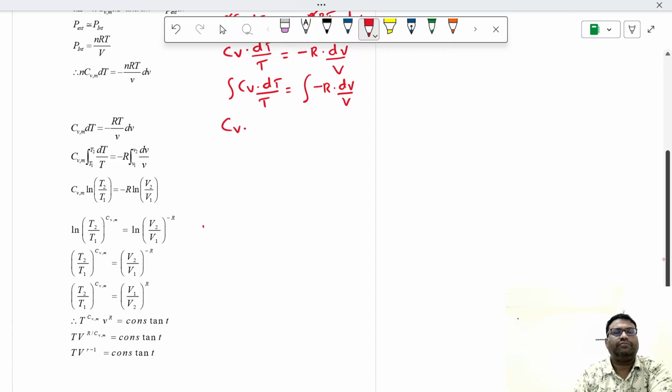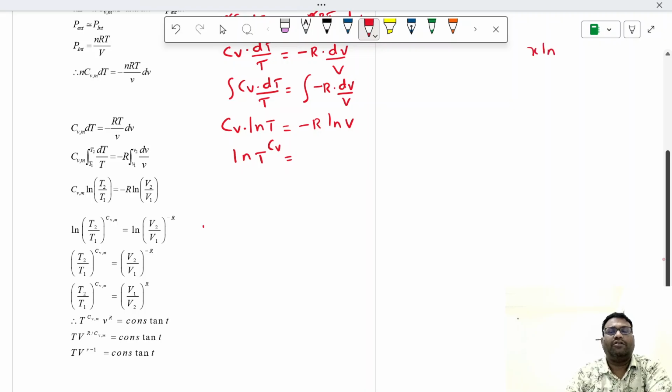Cv into integration of dx by x is equal to log x, like integration of dT by T is equal to natural log T, that is equal to minus R, integration of dV by V gives you log V. x log y is equal to log y power x. We know this formula.